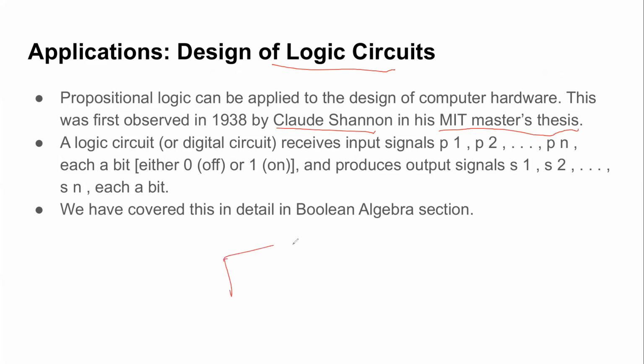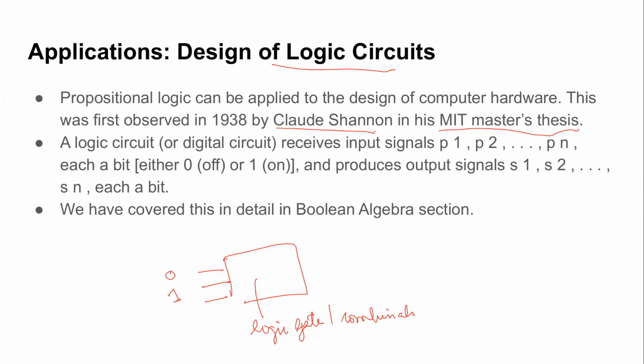You will have some logic circuit made up of basic logic gates, or their combination, and it gets some inputs, which will be either off, which is like your Boolean zero, or on. You'll have combinations of either on or off, and that will produce your output signal.